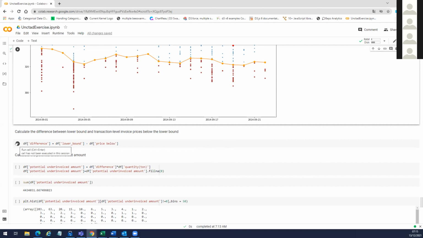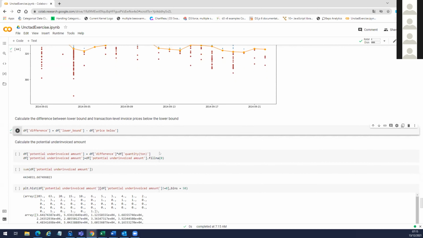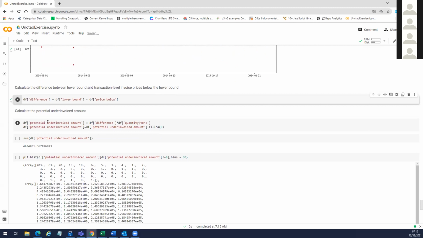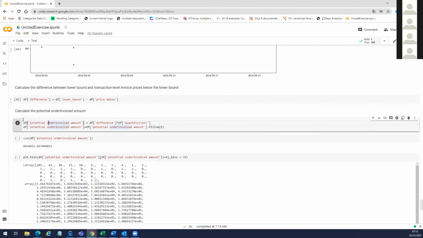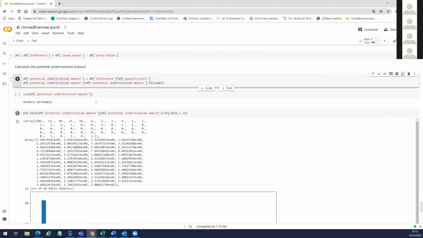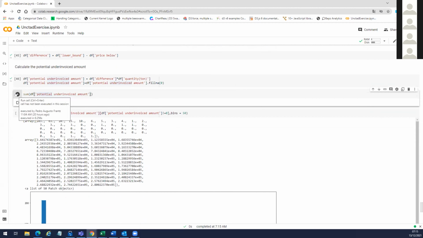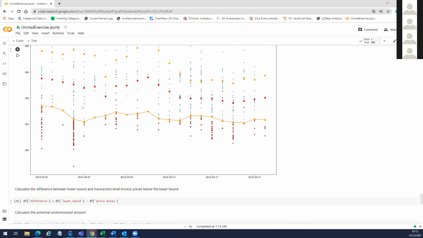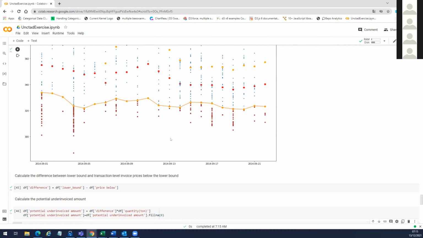I will do this in this cell. And then I will calculate the potential underinvoiced amount. It is the difference multiplied by the quantity in tons. And then I can sum, and the result is the potential underinvoiced amount of these 22 days calculated by the price filter method.